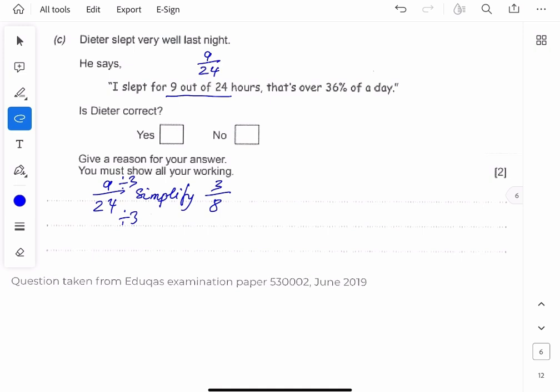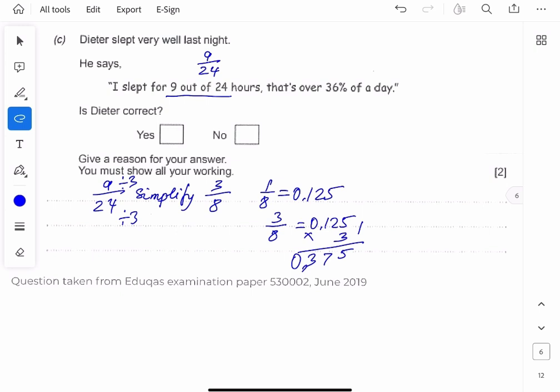Three over 8, and from here you can work out what it is as a percentage, because 1/8, you should know, is 0.125, and 3/8 makes 3 of them, so 0.125 times 3. That's 3 lots of 1/8.